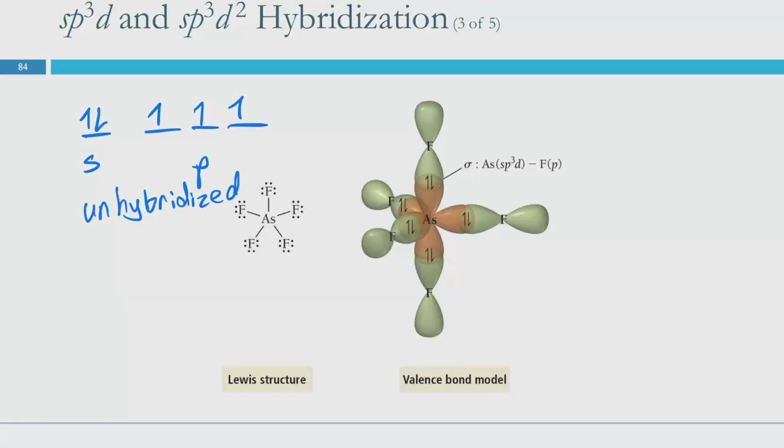So that's how we're able to get 5 bonds that form, and our bonds are all sigma bonds because they're single bonds. So we've got sp3d overlapping with one of the p orbitals from our fluorines, because that's where fluorine has its one unfilled orbital.